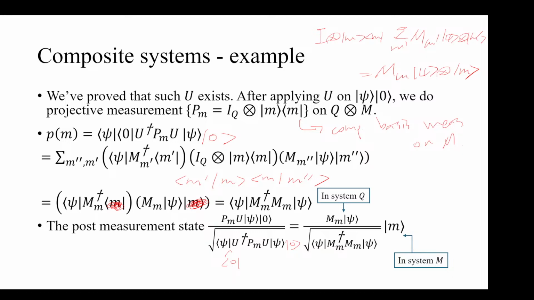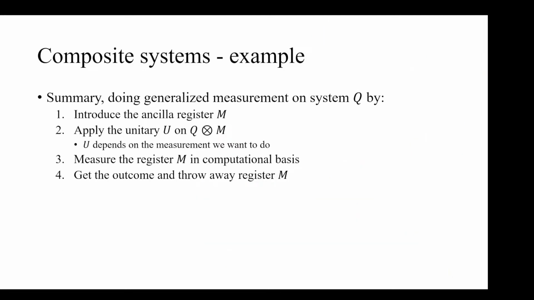Yeah, sorry for the late start. Any quick question on the composite system, generalized measurement on composite system, or getting generalized measurement from composite system? Here is a small summary of how we do a generalized measurement by doing a projective measurement.